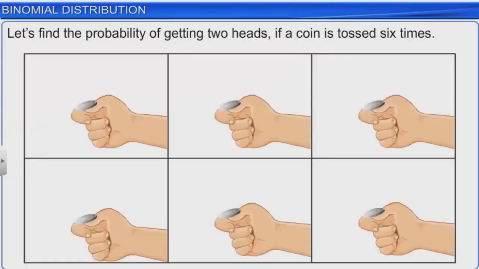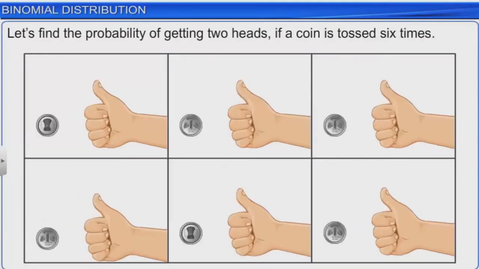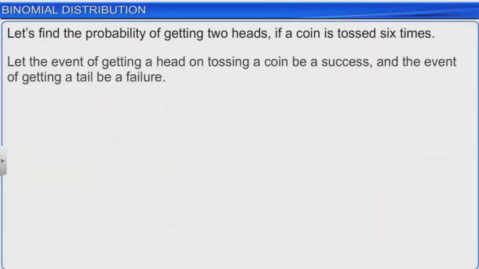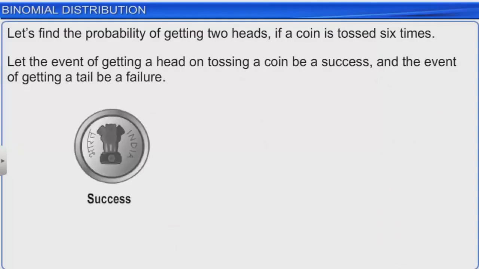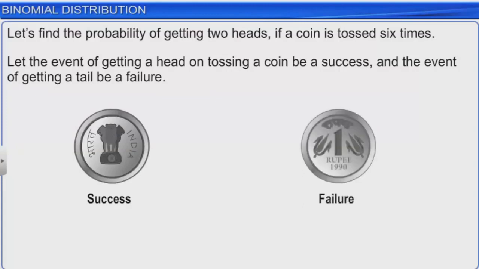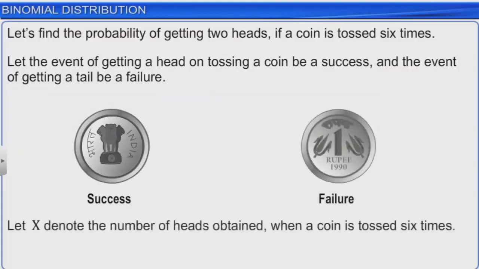Now, let's apply binomial distribution to find the probability of getting 2 heads if a coin is tossed 6 times. Let the event of getting a head on tossing a coin be a success, and the event of getting a tail be a failure. Let X denote the number of heads obtained when a coin is tossed 6 times.